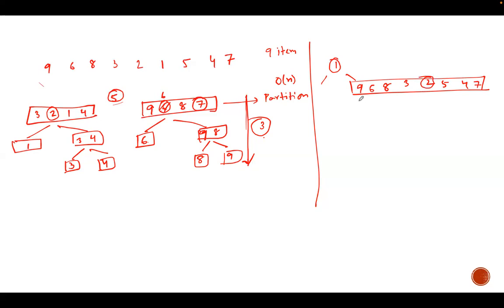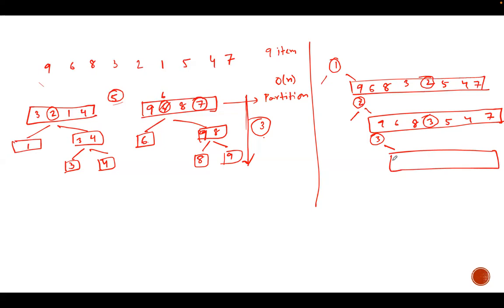Again we don't have anything in the left, we're going to have everything in the right: 9 6 8 3 5 4 7. Let's pick 3: 9 6 8 5 4 7. You can see what's going on here.